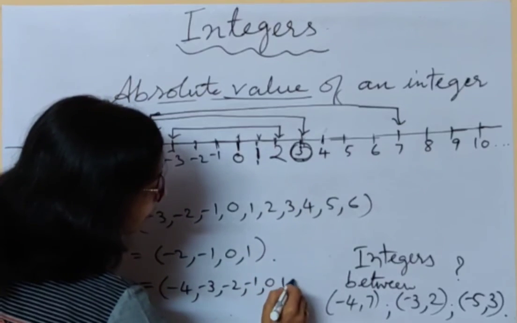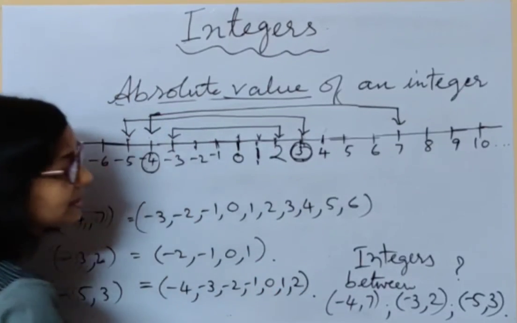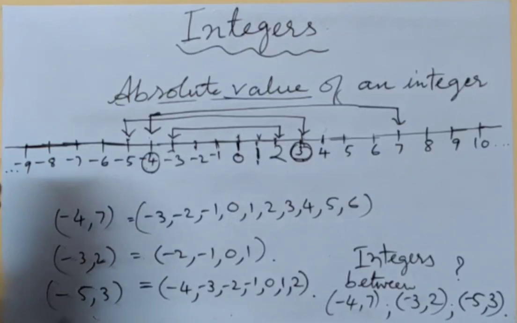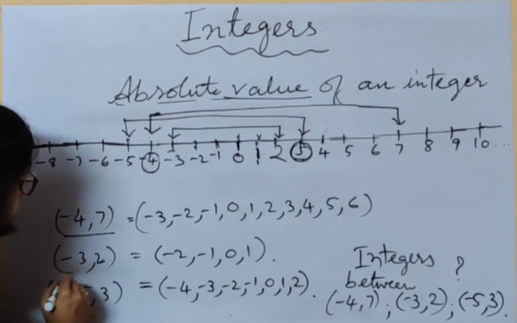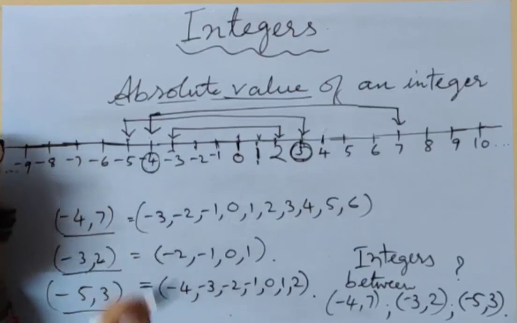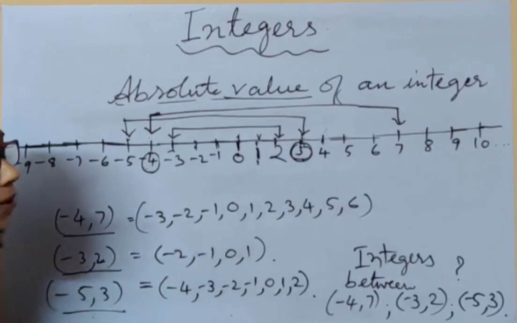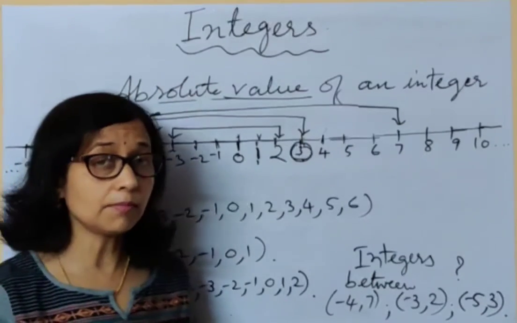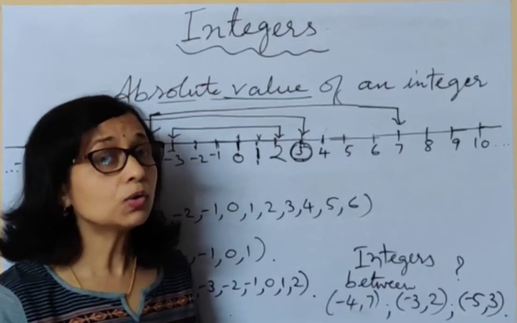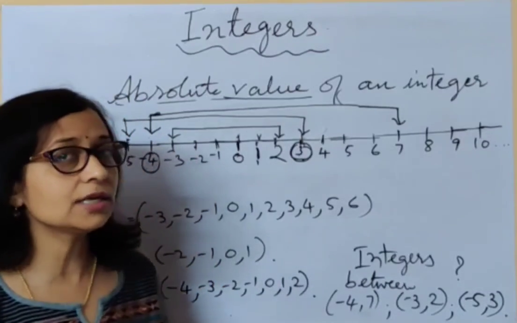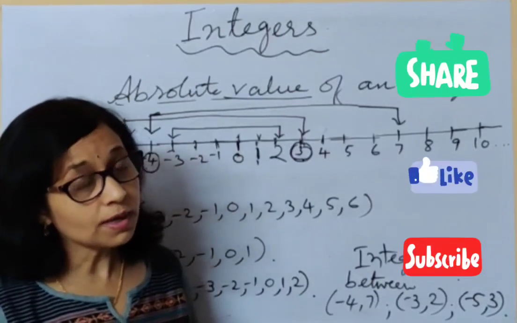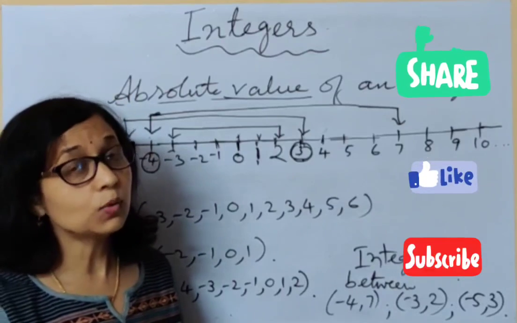So these are your integers between these two numbers. We understood this through a number line. Once you are thorough with the number line, you can do it easily without it. I hope it helped you the most and you like the video.